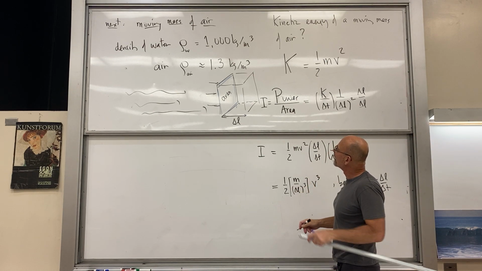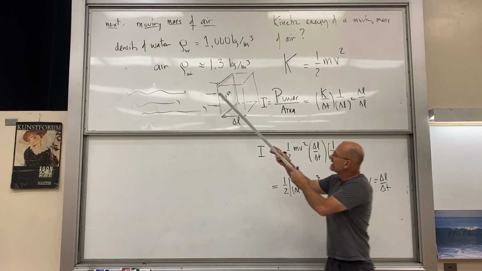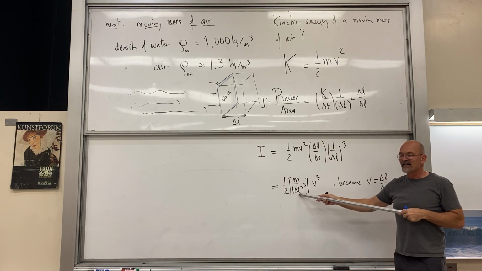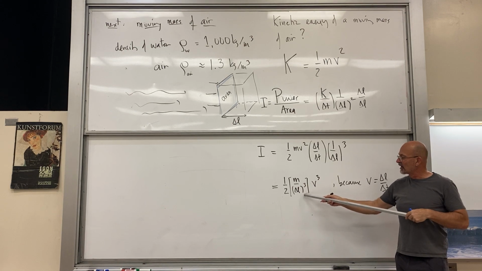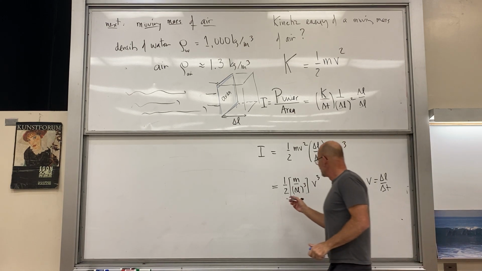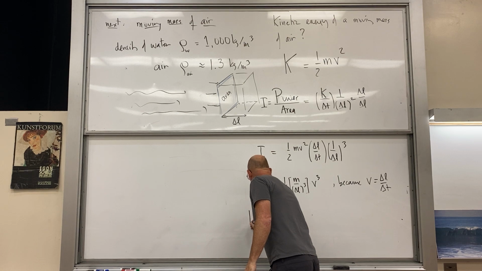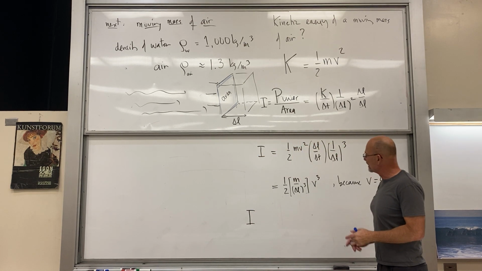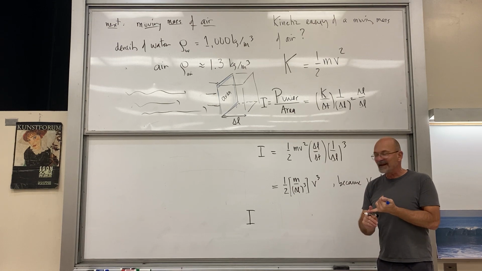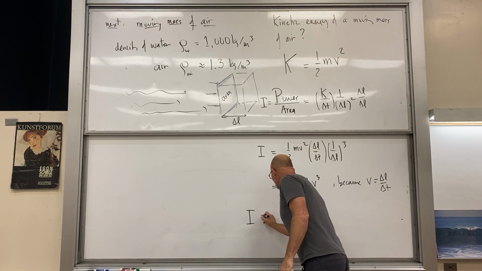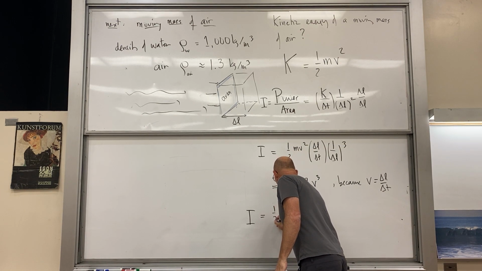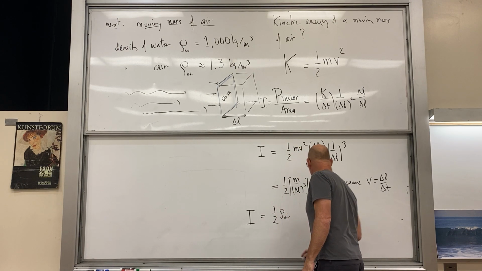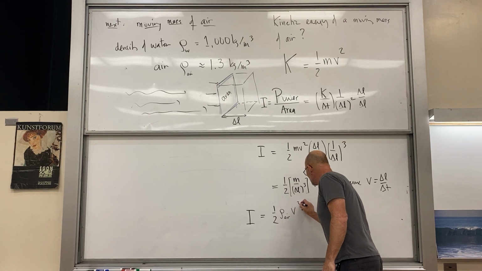Okay. So, do I have density? So remember, we have a density. If we have a mass of air divided by a volume, that's a density of air. So what I've found is that I, which is the intensity, which is measured in watts per square meter, is going to be given by 1/2 density of air v cubed.